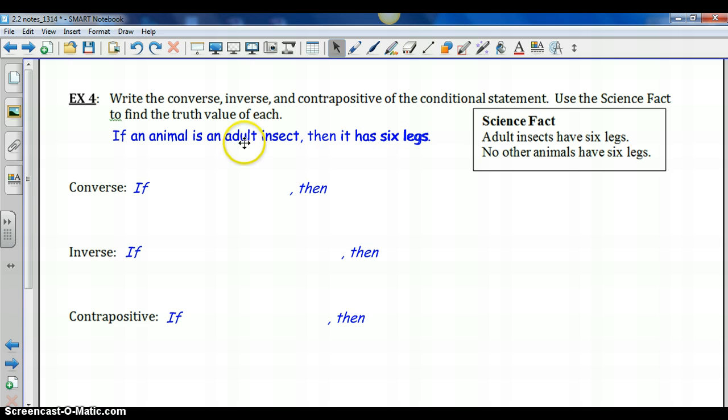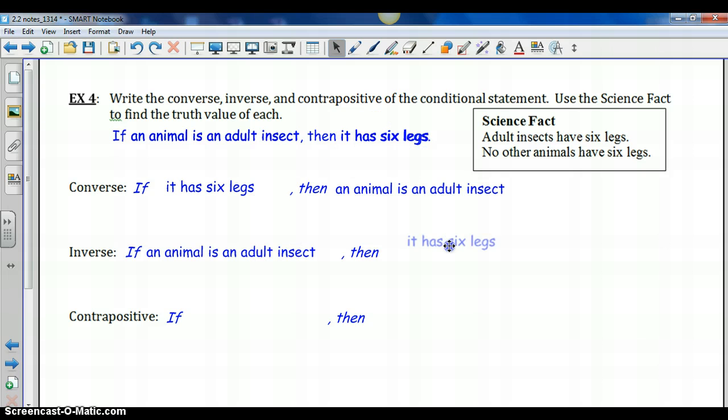The converse of this statement is found by changing the hypothesis, an animal is an adult insect, with the conclusion, it has 6 legs. So the conclusion becomes your hypothesis and the hypothesis becomes your conclusion. If it has 6 legs, then an animal is an adult insect. The inverse is found by going back to your original, and we will not change the order.